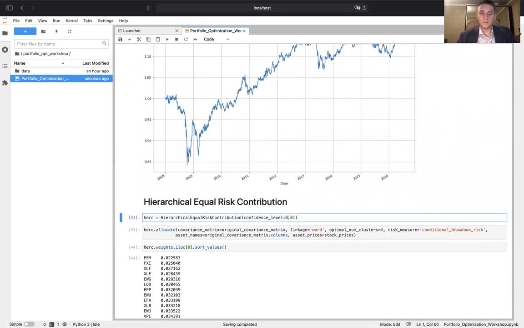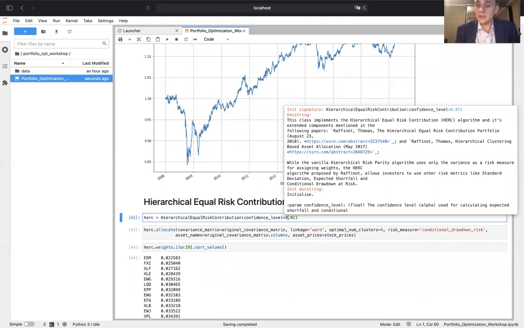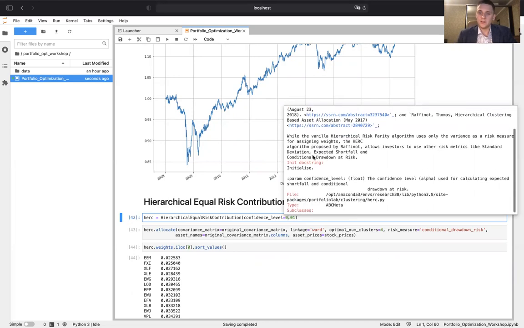It takes a confidence level as input, but it will only be used in your conditional drawdown risk. So if you use a risk measure of conditional drawdown risk only, or if you use, let's say, equal weighting or other risk measures, the confidence level is also used in expected shortfall calculations.